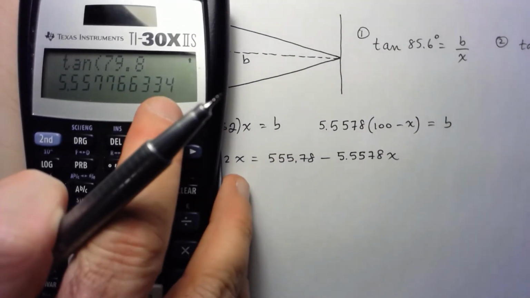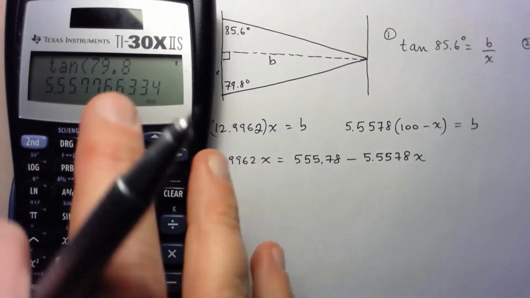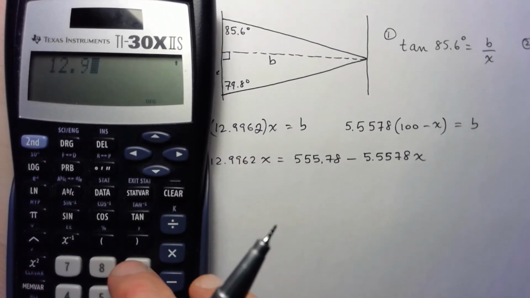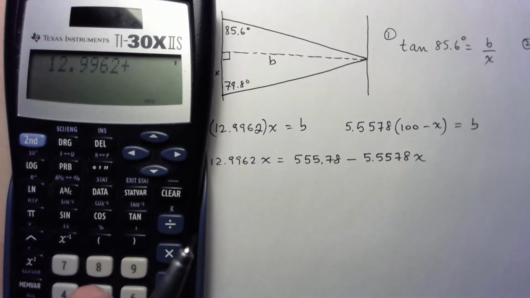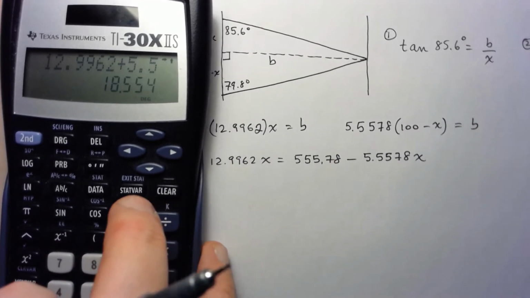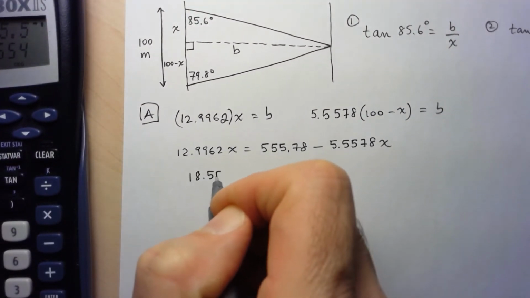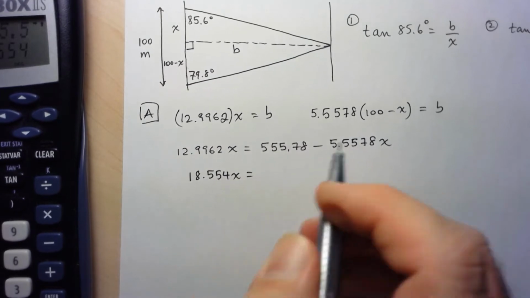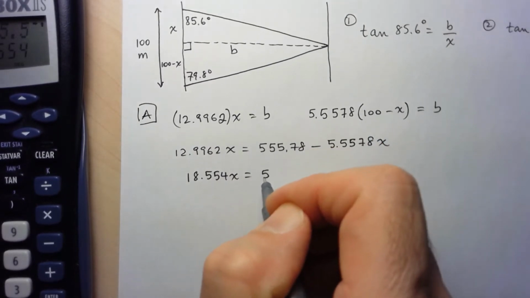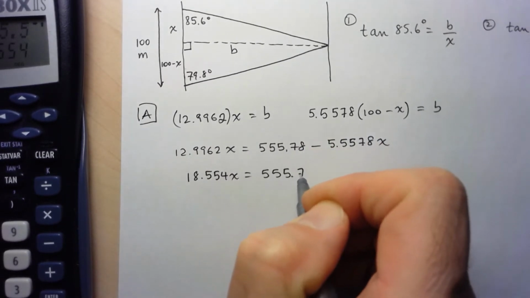So here, what do we have? We've got 12.9962 plus 5.5578. Okay, and that gives us 18.554. So 18.554x equals what we had left on the other side, 555.78.